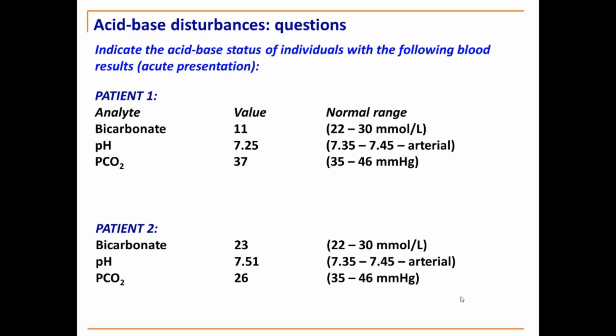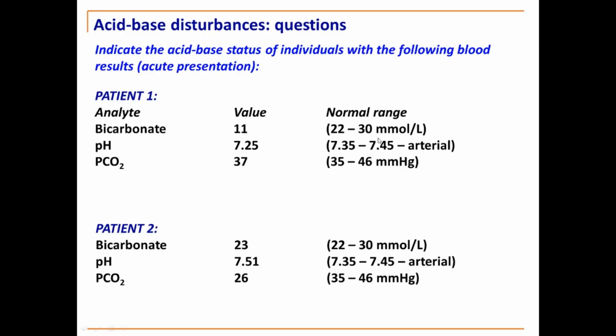So I've got a couple of patients down here in front of you, and I've shown you some values that have been measured. So here's patient 1, here's the analyte: bicarbonate, pH, PCO2. In a blood gas, there'll often be oxygen amongst other things, but this is keeping it nice and simple for this particular moment. Here are our values that patient 1 had. Here is the normal range.